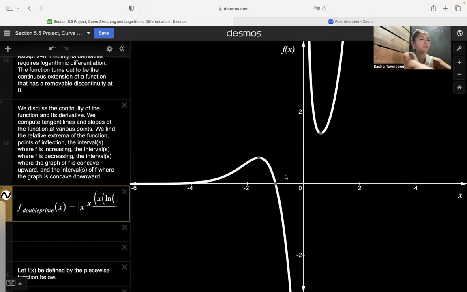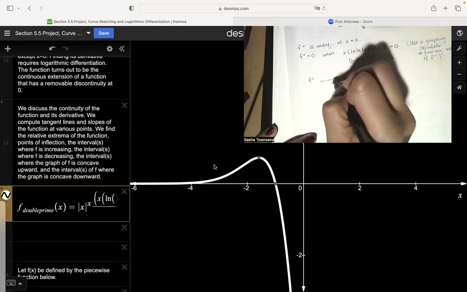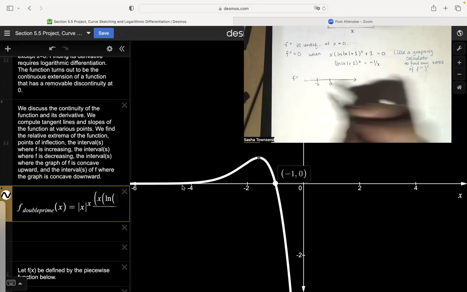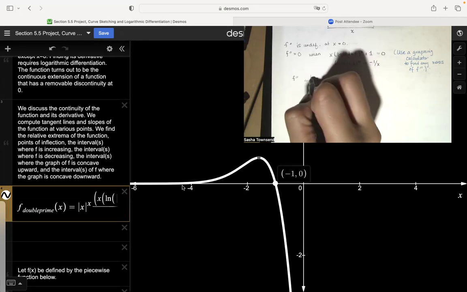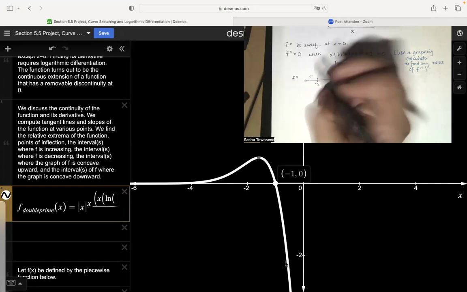So I'm going to make a little sign chart on my paper. And we said, based on that graph that we just looked at, on this interval from -infinity to -1, so to the left of -1, it looks like the y values are all positive. And then between -1 and 0, we see the y values on the graph of f double prime are negative.